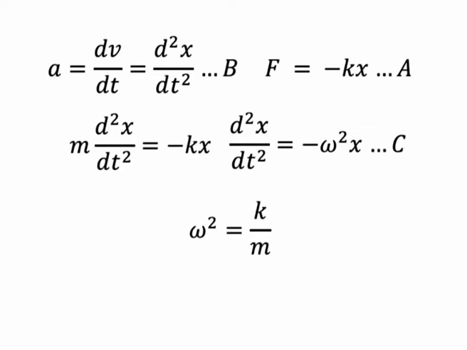Here omega squared is equal to k/m, which is a constant.